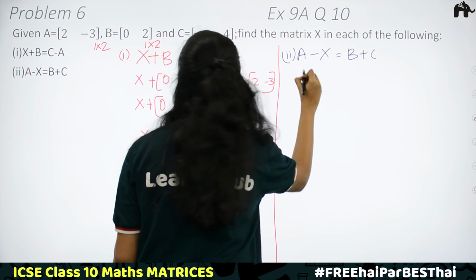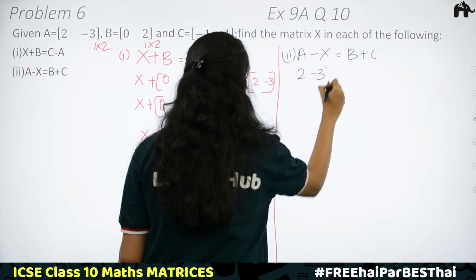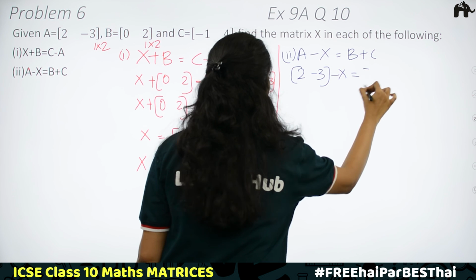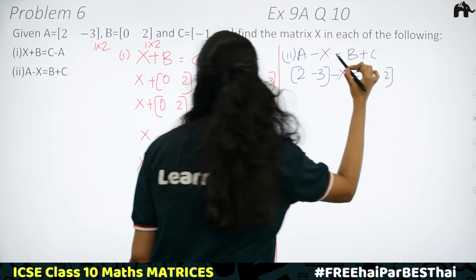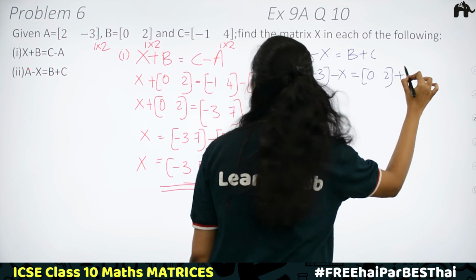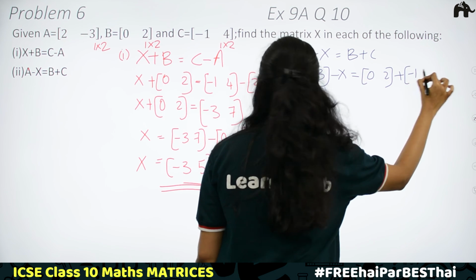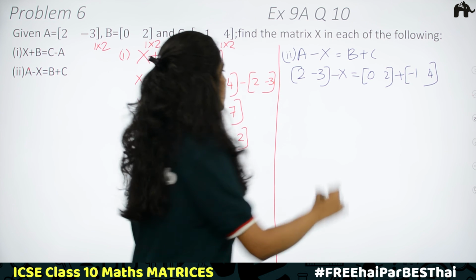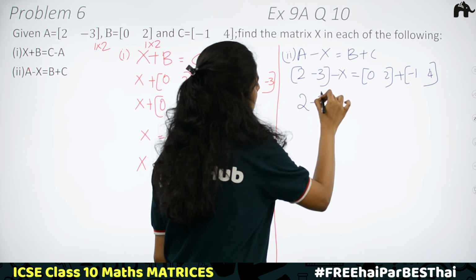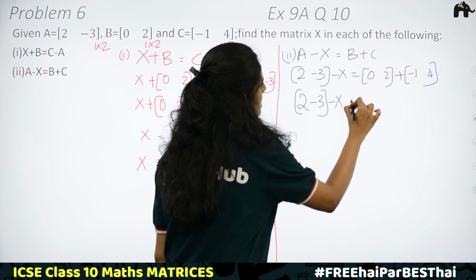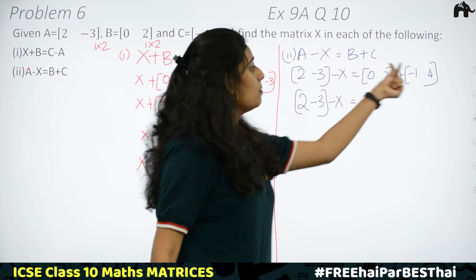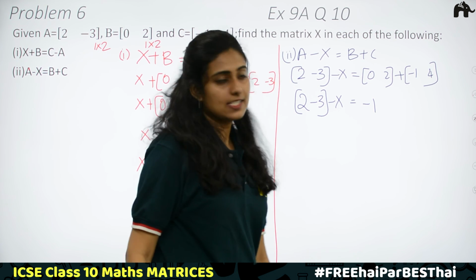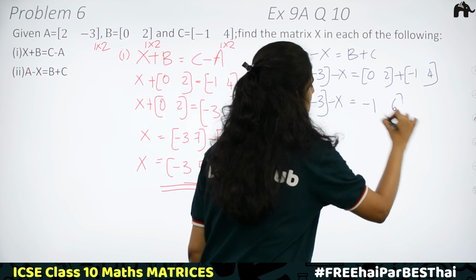Here A is [2, minus 3], minus X is equal to B, which is [0, 2], plus C, which is [minus 1, 4]. Okay. [2, minus 3] minus X is equal to, adding, 0 minus 1 is minus 1. 2 plus 4 is 6. We got [minus 1, 6].